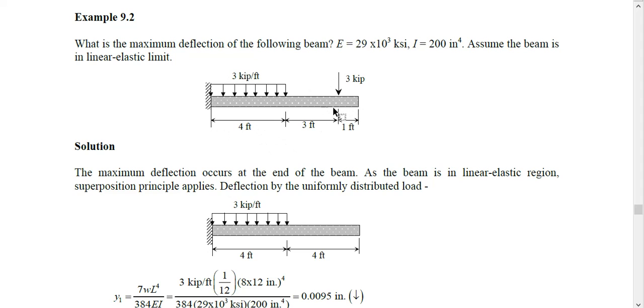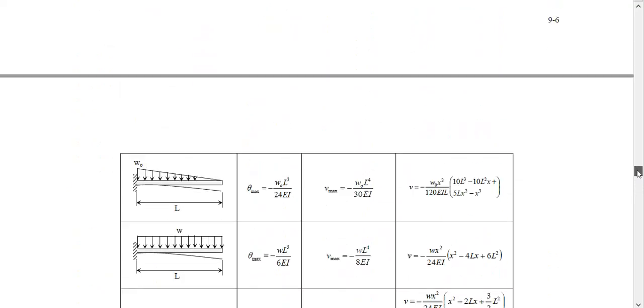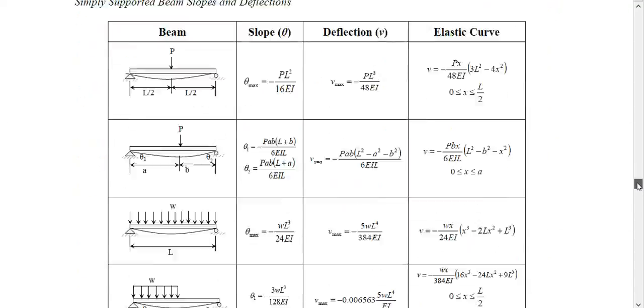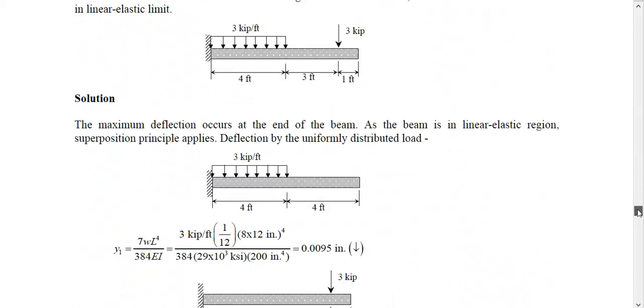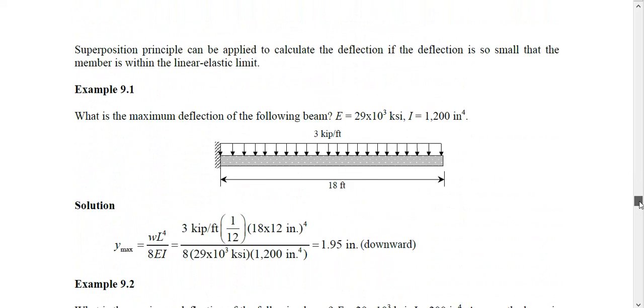There's another load here. Now if you go back to this table, you will not see any beam exactly like this. But what you can find is a beam which has a load of 50% UDL, and a concentrated load separately. Let us go see where you can find it.